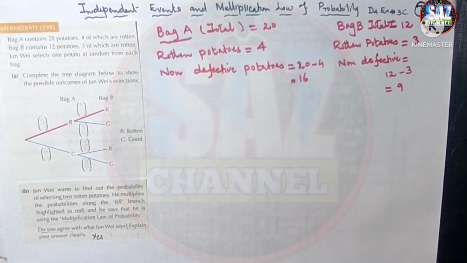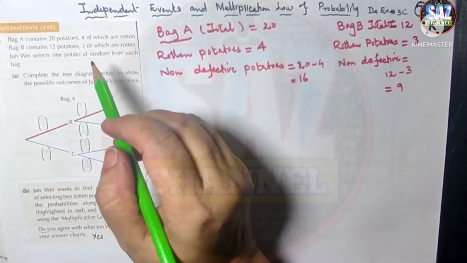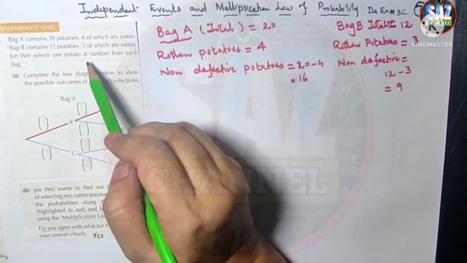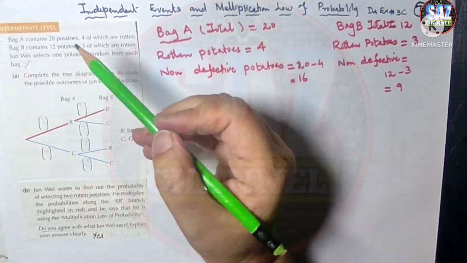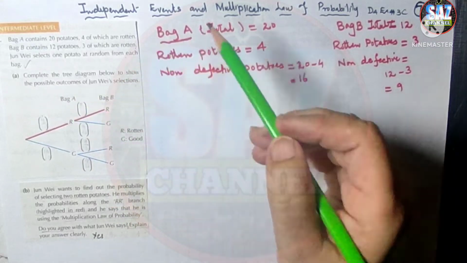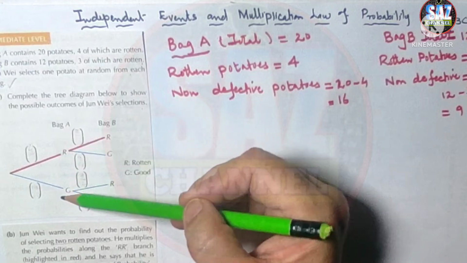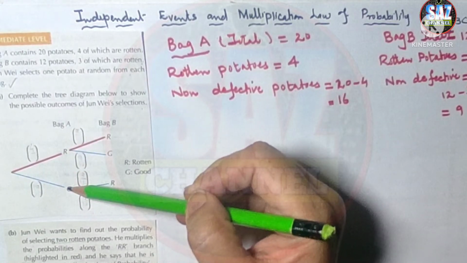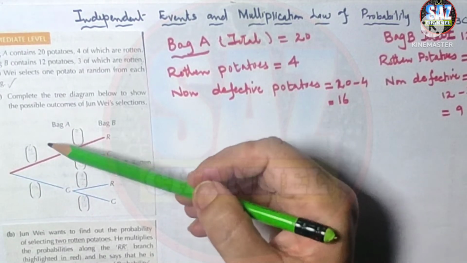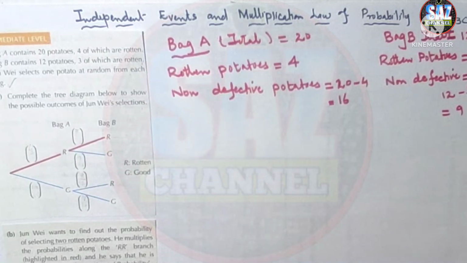And then the question says that Janvi selects one potato at random from each bag. Complete the tree diagram. Now, these 2 branches are for bag A. So, from bag A, the rotten or defective potatoes are 4.